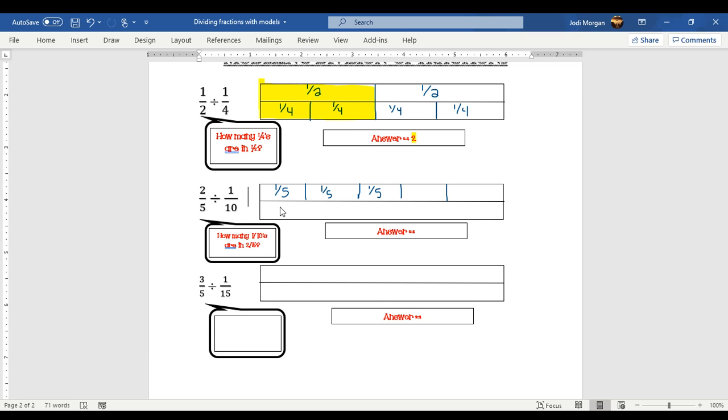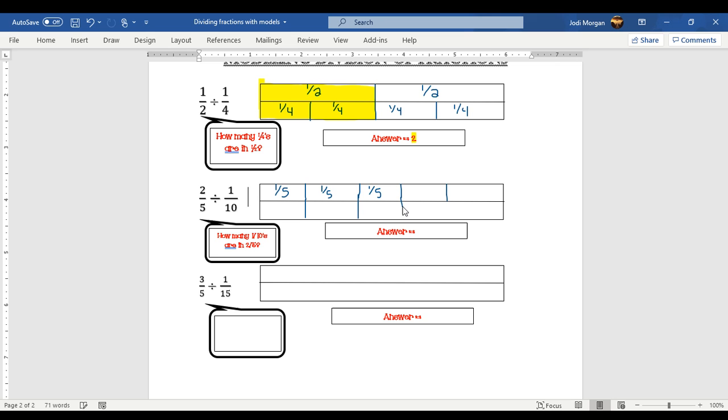Then directly underneath it, this long rod here, I don't need it in fifths. I need it in tenths. So I need 10 pieces. Well, if I take each fifth and split it in half, that would give me 10. So I'm going to draw my lines in the same exact places.